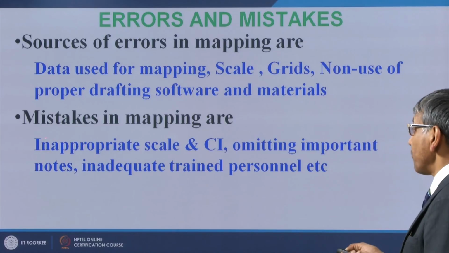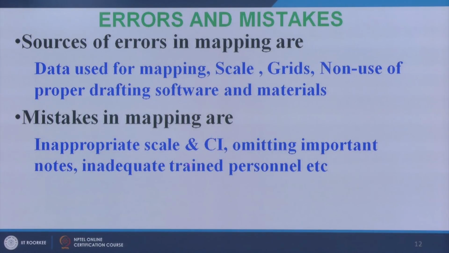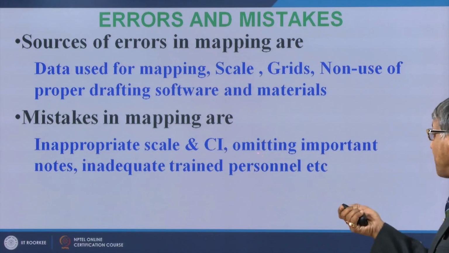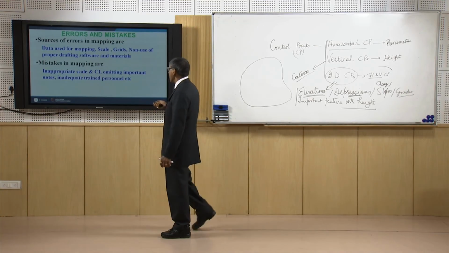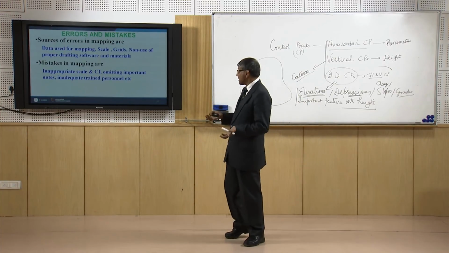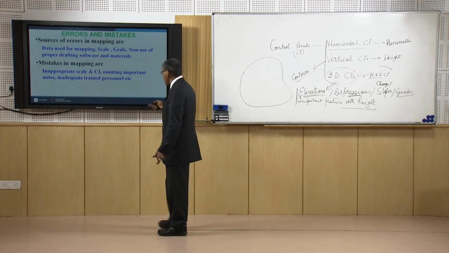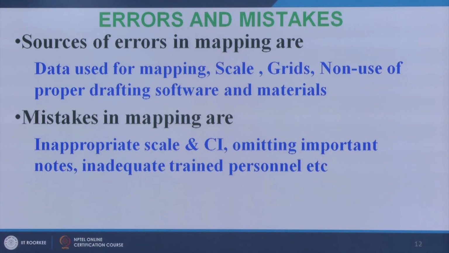If our scale or contour interval is not appropriate, then there will be a lot of mistakes. We may sometimes omit important notes, or the personnel who prepare the map may not be adequately trained. These mistakes we should try to avoid so that we can end up with a good map.